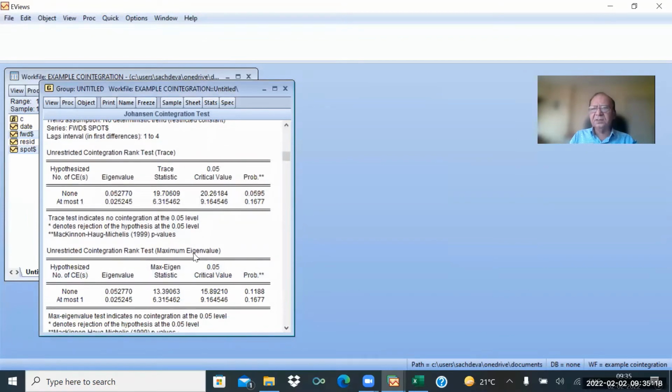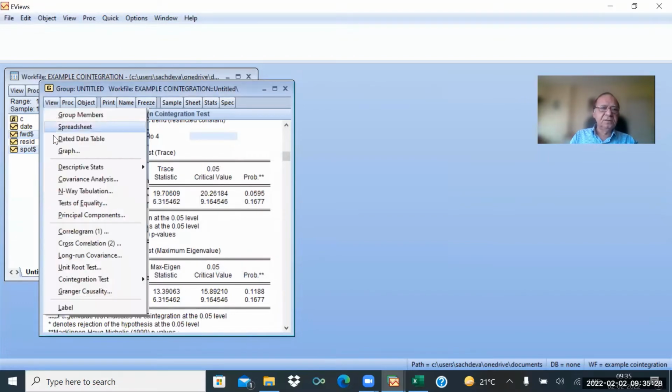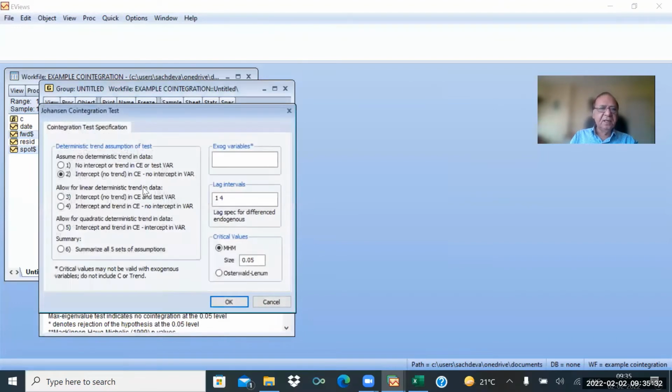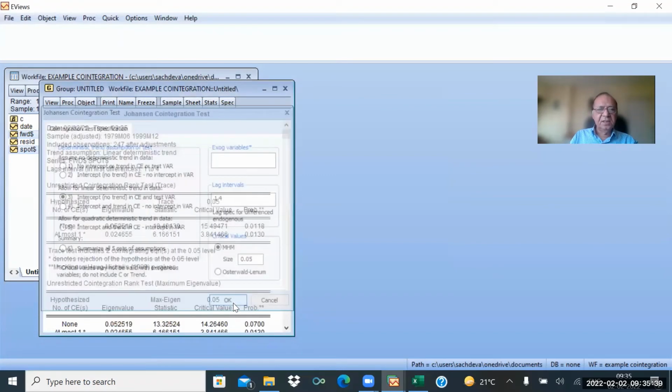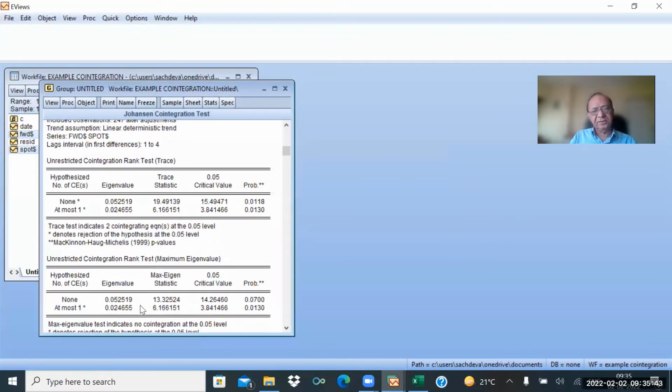Now let us assume there is 1 cointegration. Assuming, because if we take this one, Johansen's cointegration system test, number 3 with 4 lags, it says there are 2 cointegrations, but here in this case it says no cointegration.